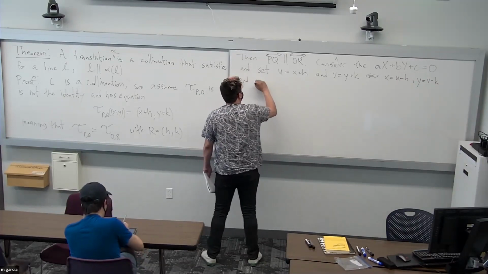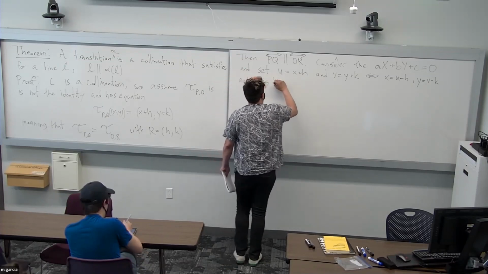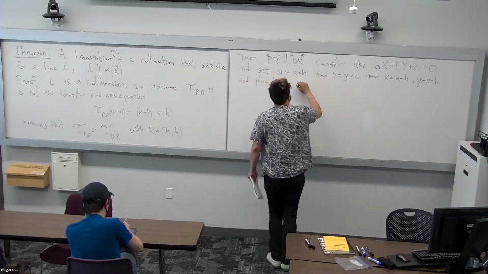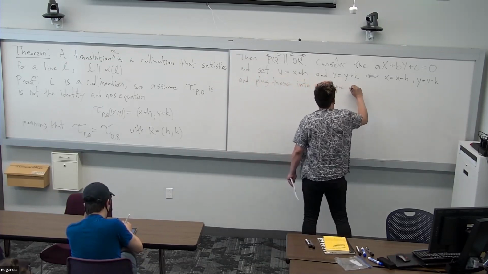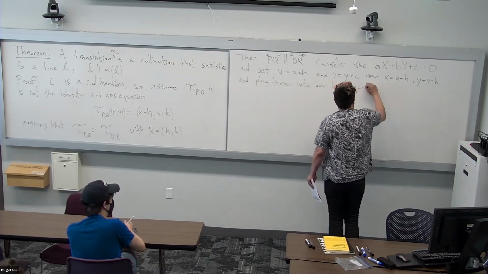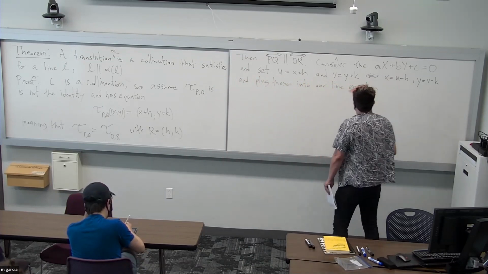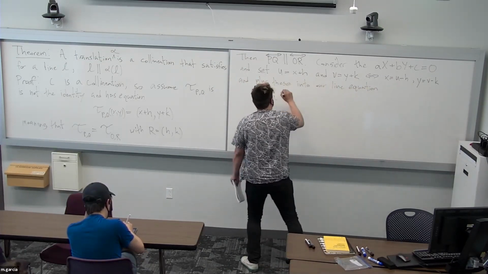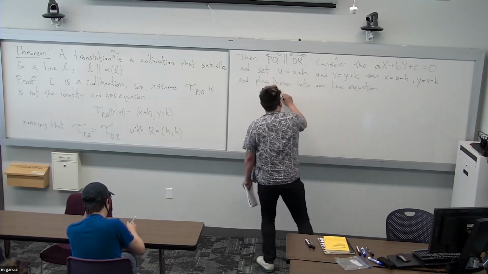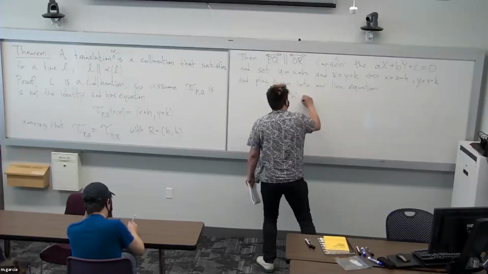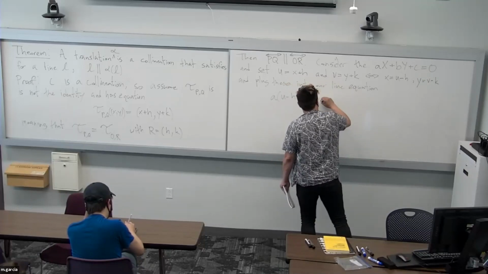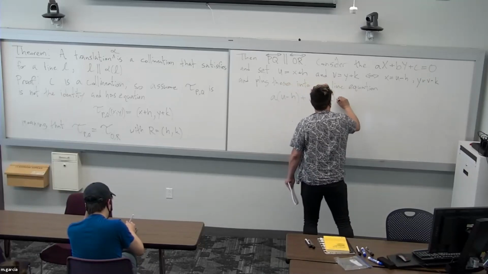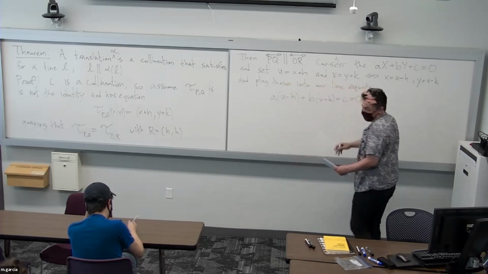And plug these into our line equation to get a times u minus h plus b times v minus k plus c equals 0.